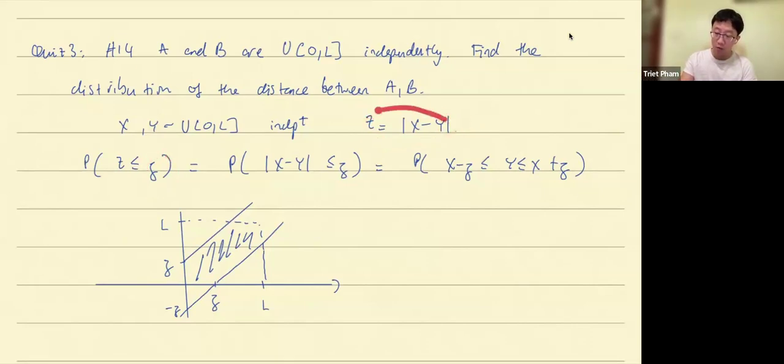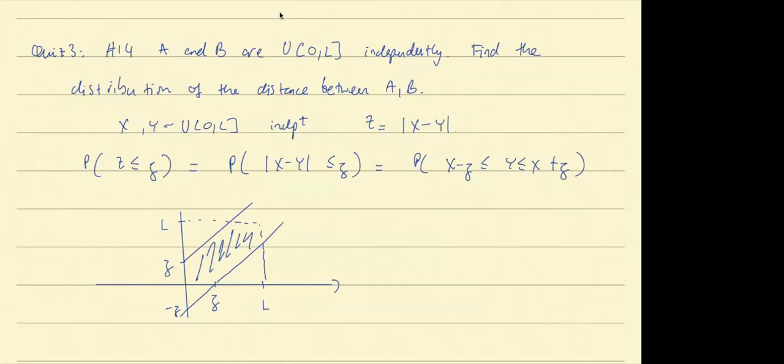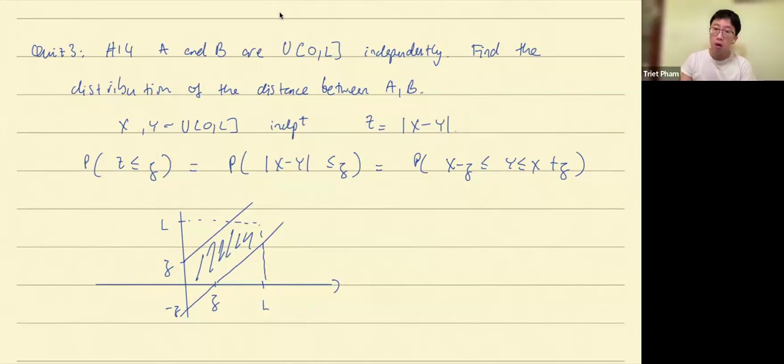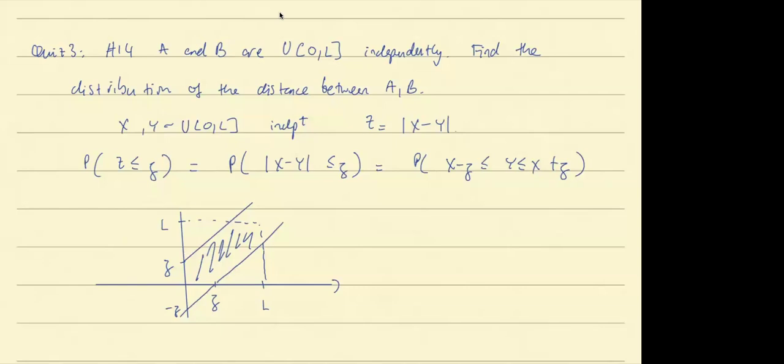What's the support of big Z? What values of little z are relevant here? Negative L to L? Wrong. Oh, 0 to L. Correct.